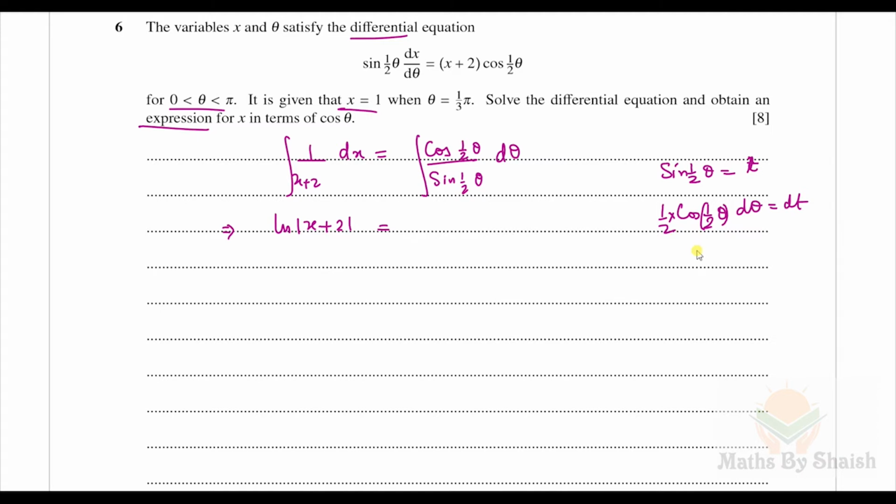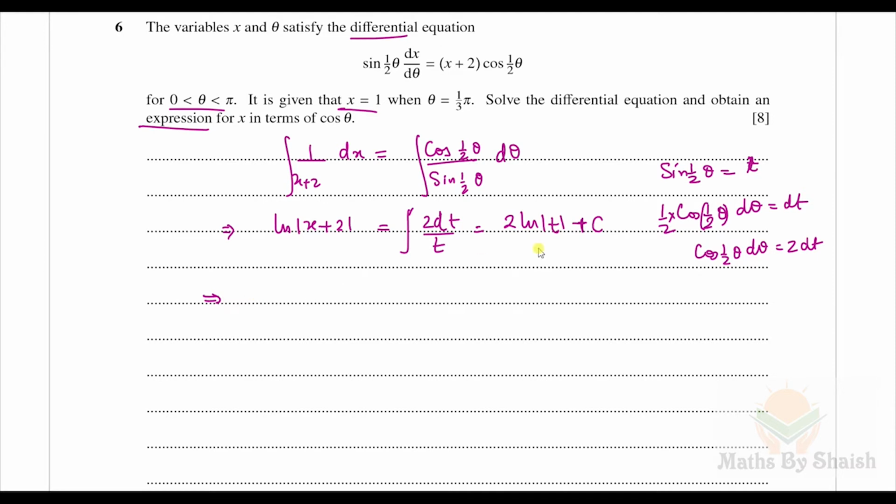So 2 will be multiplied, so cos (1/2 theta) d theta is equal to 2 dt. So it becomes 2 dt over t. Integration of this will be 2 times ln modulus t plus a constant of integration.